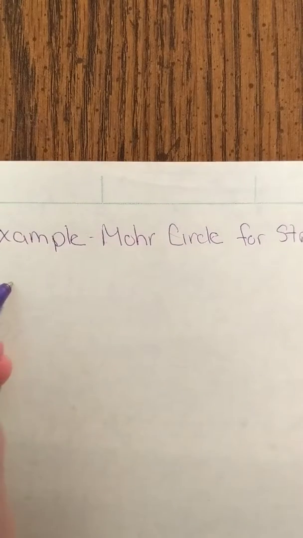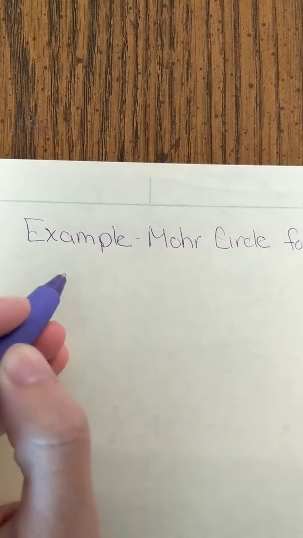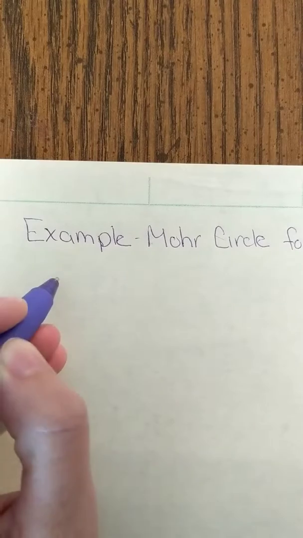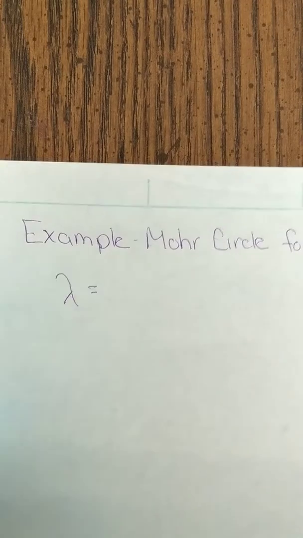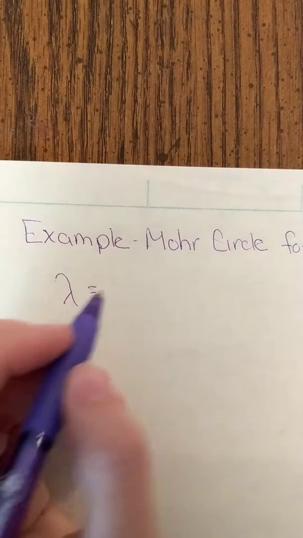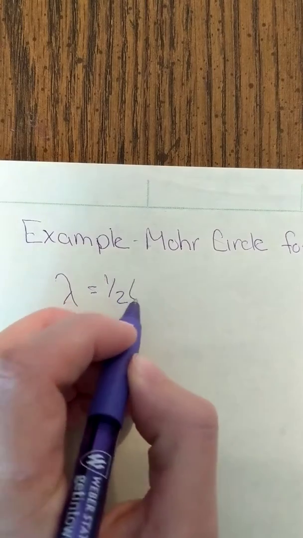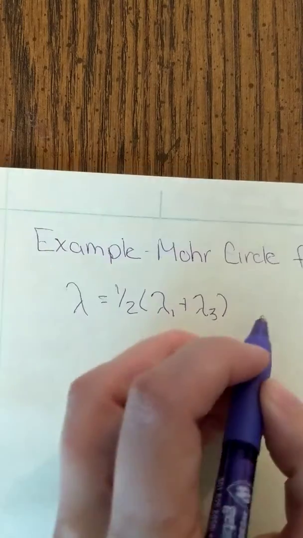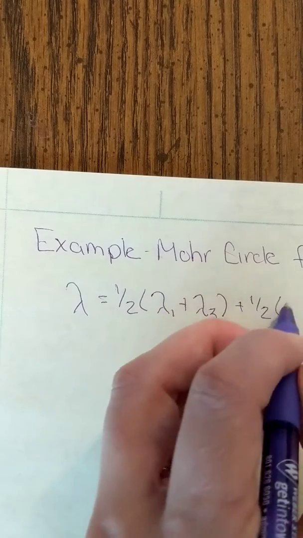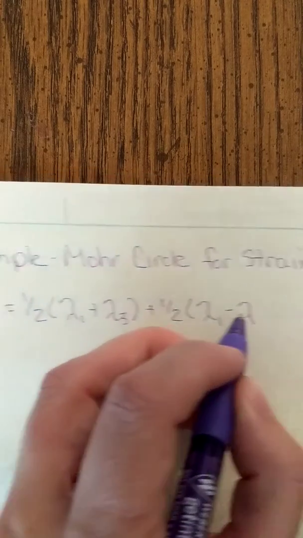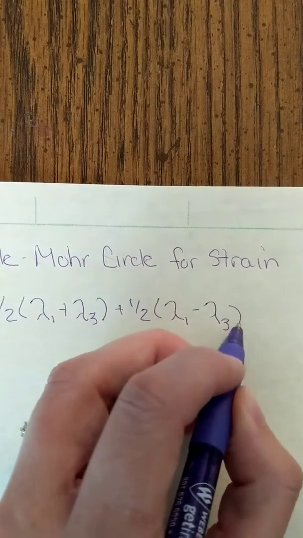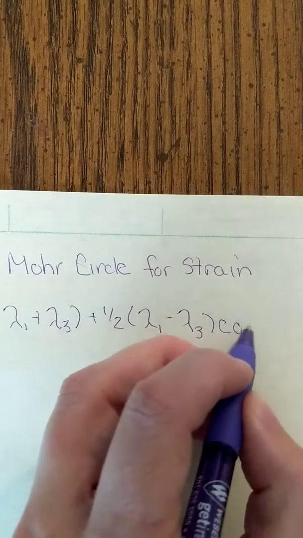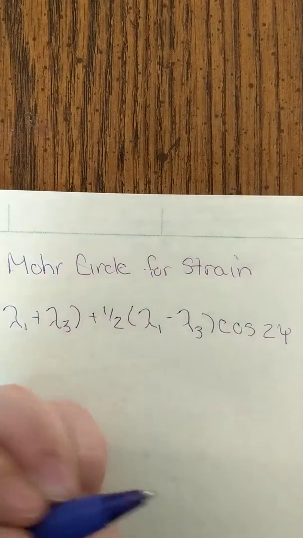Remember from last time, our normal force, which is usually on our x-axis, is equivalent to our lambda equation, which is going to be 1/2 (lambda 1 plus lambda 3) plus 1/2 (lambda 1 minus lambda 3), all times the cosine of 2 theta.